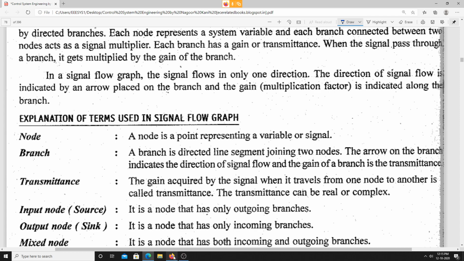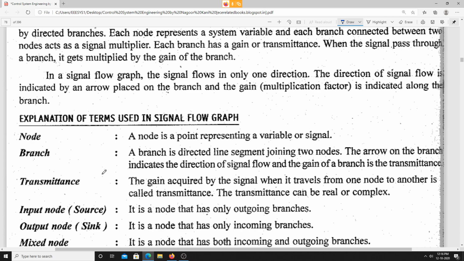Any doubts, you can ask me. So what is a node? A node is a point representing a variable or a signal.